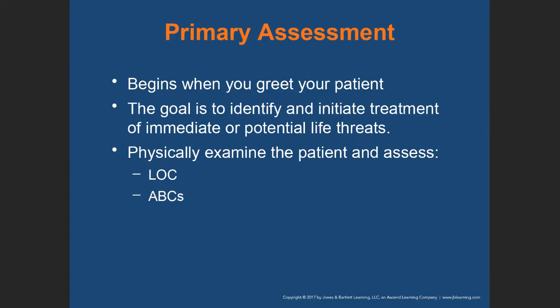You're going to be looking at the nervous system, respiratory, cardiovascular system. It begins when you greet your patient. The goal is to identify and initiate treatment of immediate or potential life threats. Physically examine the patient and assess level of consciousness, airway, breathing, circulation.